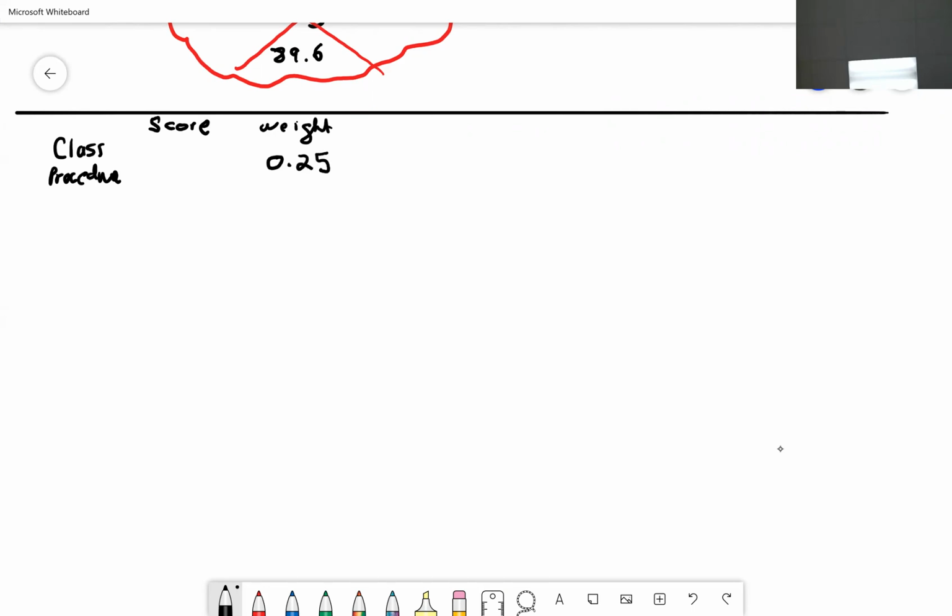And I'll put score, I guess, and then weight here. And then the next thing was a quiz on the frequency. So I'll call it quiz F. That one was worth 1. Then we took it again, right? And then I doubled the grade. Remember, I said I'll replace the grade and I'll make another category. So we'll call this quiz, and I'll just put a second here.